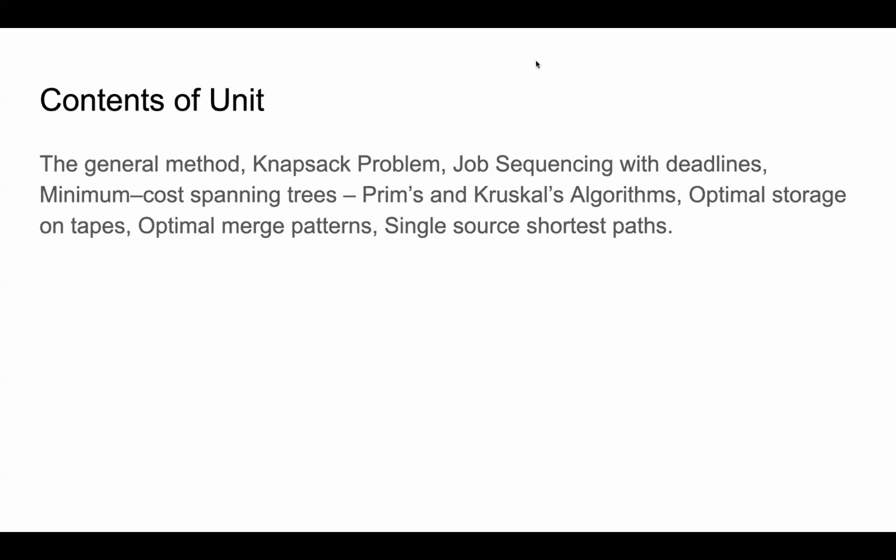Then job sequencing is there. Minimum cost spanning tree is there. Then in that, two algorithms are there, Prim's algorithm and Kruskal's algorithm. Then the optimal storage on tapes problem is there, and optimal merge patterns are there.